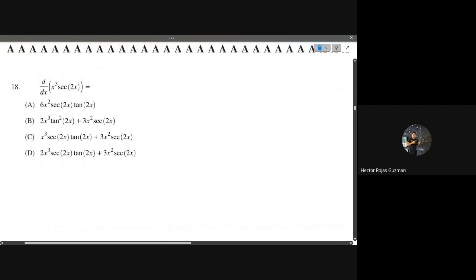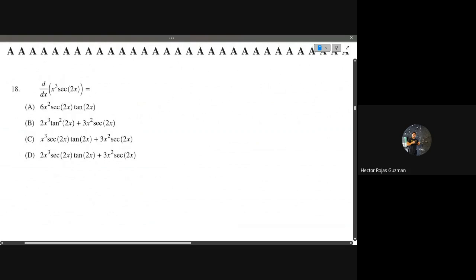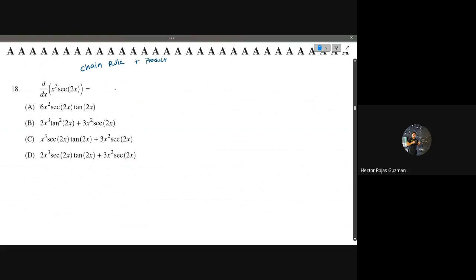Okay. Find the derivative. And in this one, we're going to have to use the chain rule, and we're going to have to use the product rule. So it goes the first times the derivative of the second. And the derivative of secant is secant of u, tangent of u, times u prime.